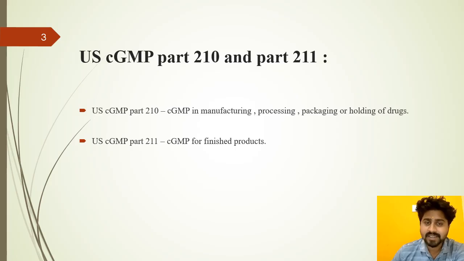So that's why these cGMP parts came under 210 and 211. 210 represents cGMP in manufacturing, processing, packaging or holding of drugs, and 211 is for finished pharmaceuticals. These are the two separate guidelines we are following.